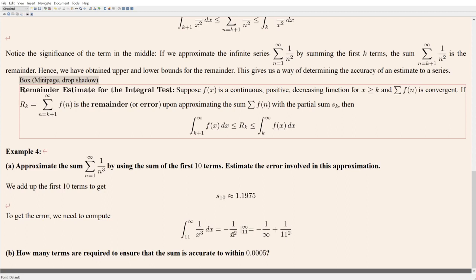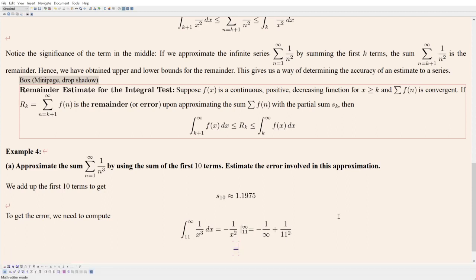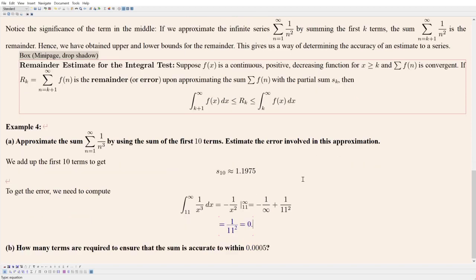Let's see. In the limit, as 1 over x squared goes to infinity, this becomes 0. So this first term is just 0. So 1 over 11 squared is about, let's just leave it at that for now.